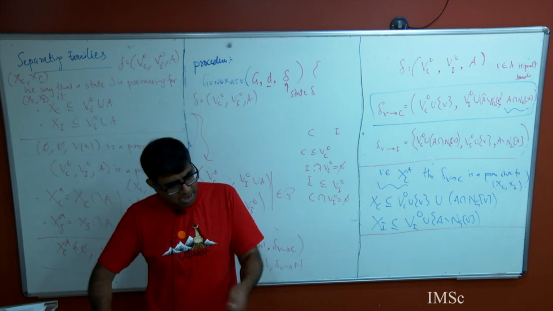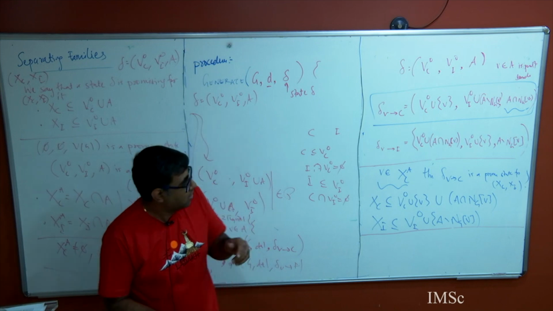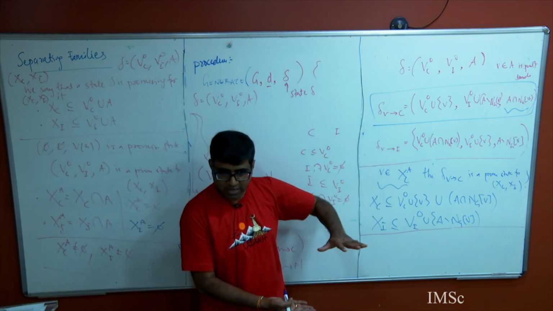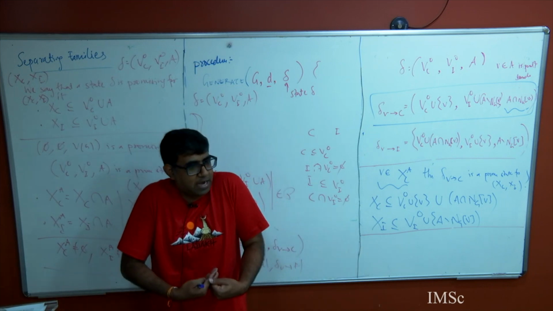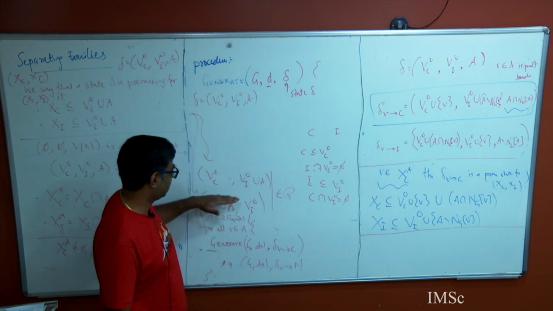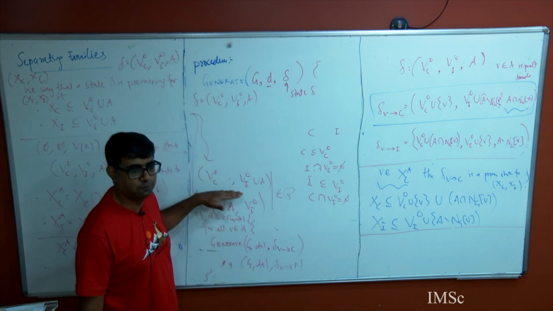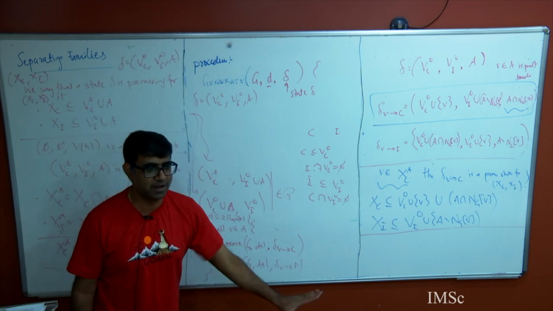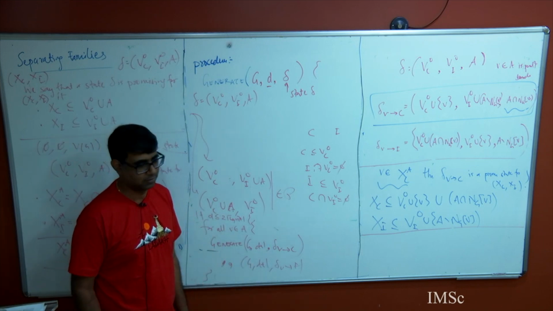Every time something is happening; at least XC intersection A is increasing. Maybe after n steps I would be done, but I actually stopped this at 2 log n steps. So I must prove something non-trivial to say that you would be done by this. Do you get my point?